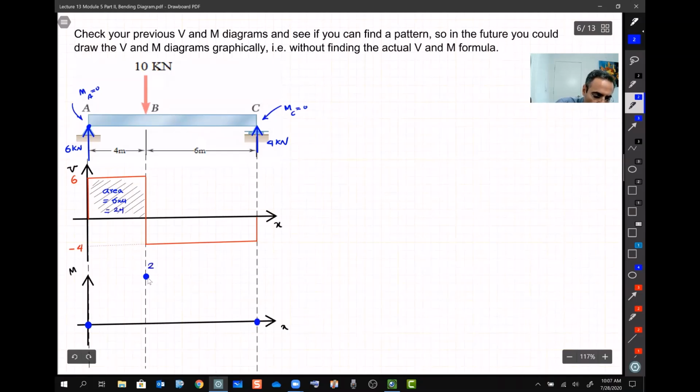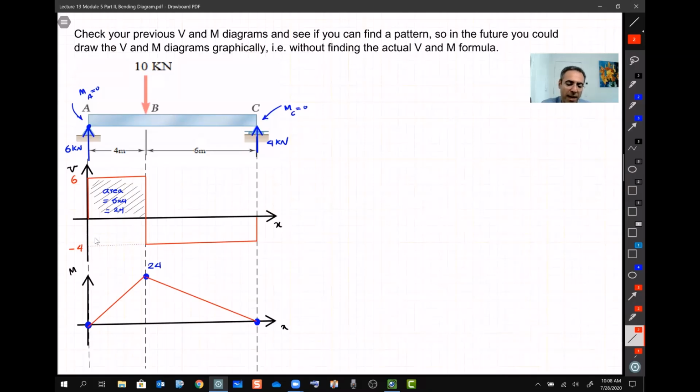So this point is 24. V is a constant number, and M is the integral of V. The integral of a constant, from math, we know is going to be a line. So I just connect these lines together. So this is my V and M diagrams without actually knowing any formula.